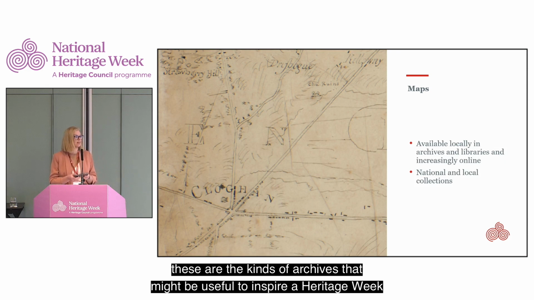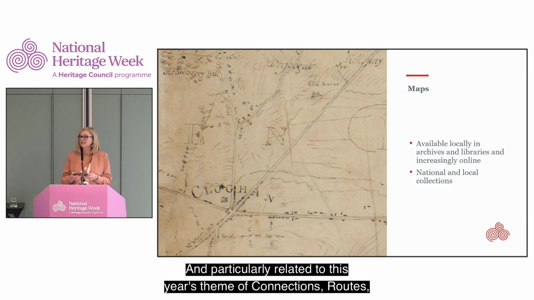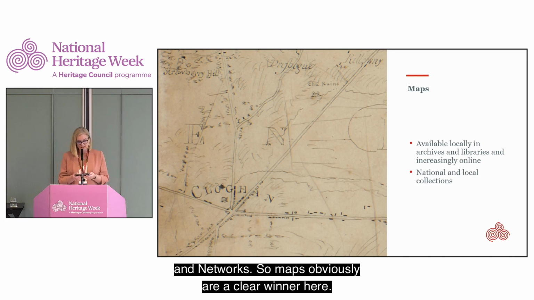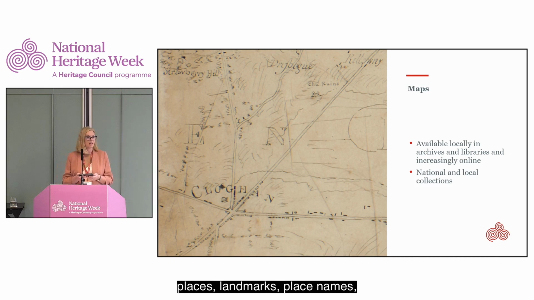these are the kind of archives that might be useful to inspire a Heritage Week event, or indeed to use in them if you have access to them, and particularly related to this year's theme of connections, roots and networks. So maps obviously are a clear winner here. You can use them to illustrate routes and indeed connections between places, landmarks, place names, or indeed landscape features.